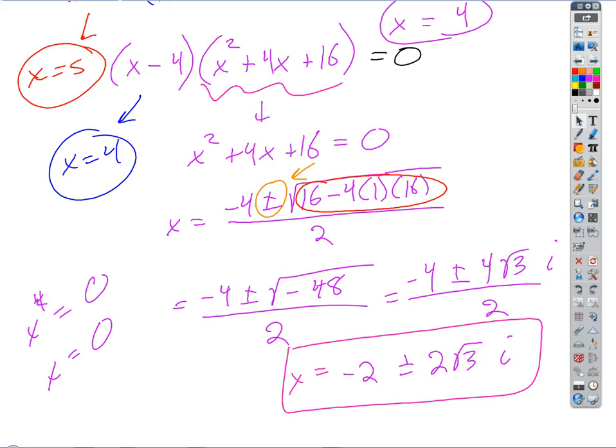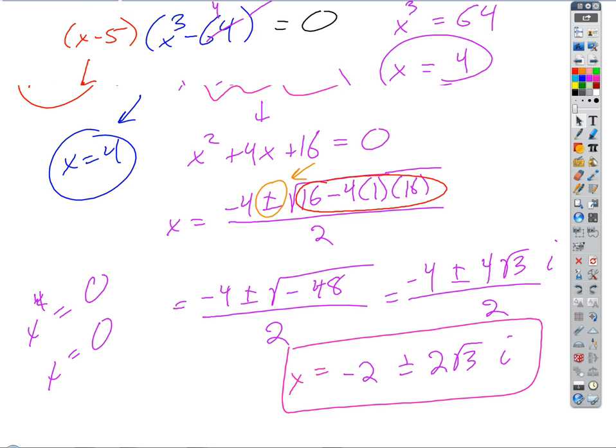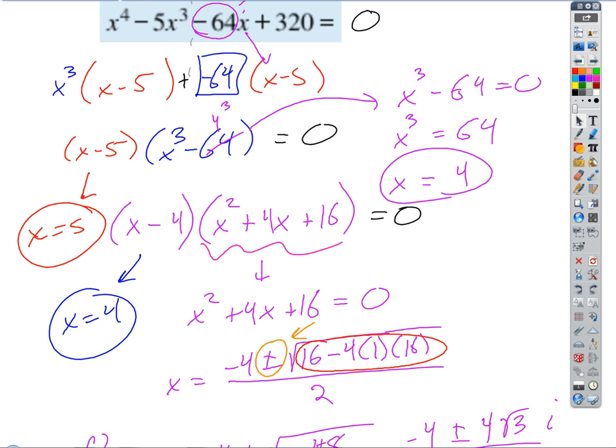What if the question said find all real solutions to the equation? Would we have to factor it all the way then? We wouldn't, right? Then it would be easiest just to set this blue factor equal to 0 and solve. But if the question said find all solutions, complex solutions, real and imaginary parts, then we would have had to factor that.